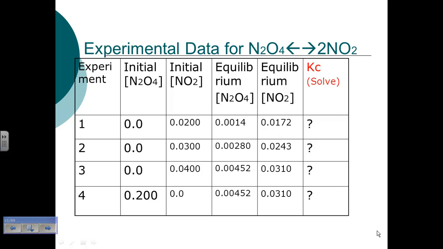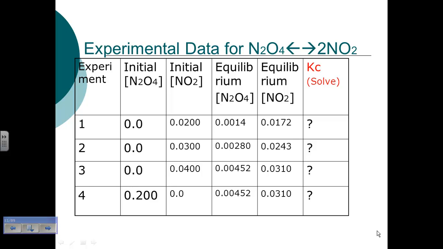The expression, jot this on your paper. What would the expression look like for this reaction? Product over reactant, stoichiometry dependent. We'd see Kc set equal to the value of NO2 squared, set over N2O4, product over reactant, squaring the product, with a coefficient of 1 on the reactant.